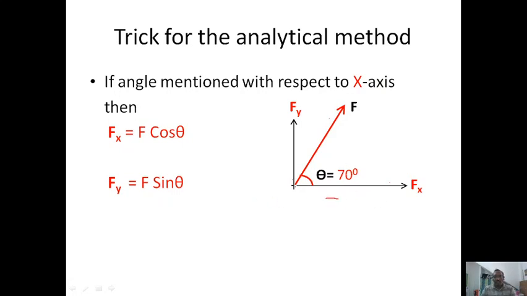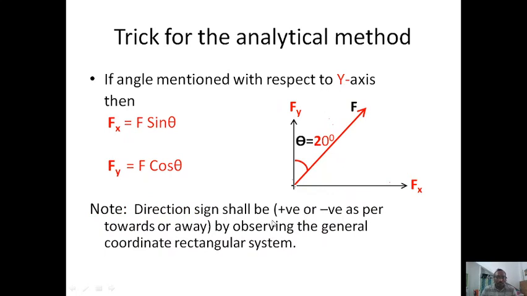And regarding directions, you observe that the force F is directed away. If I resolve F into two components, the direction of the force comes to this direction and upward, with Fx in the positive side and Fy in the positive side.